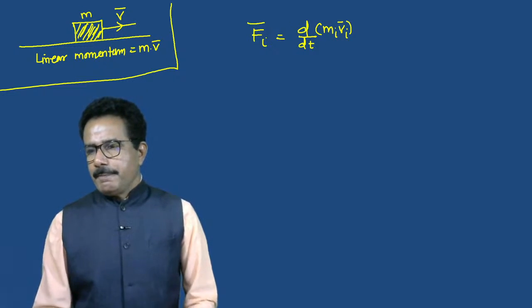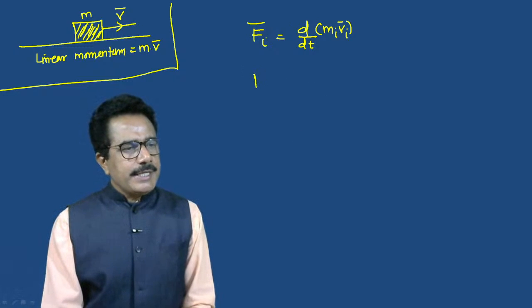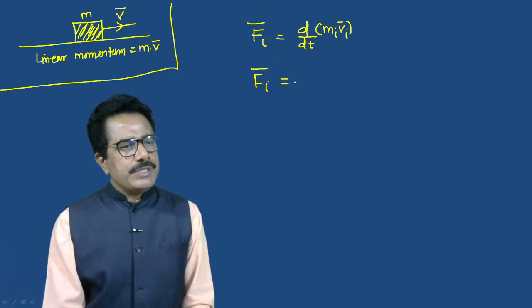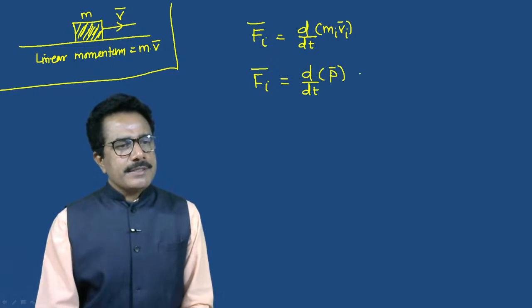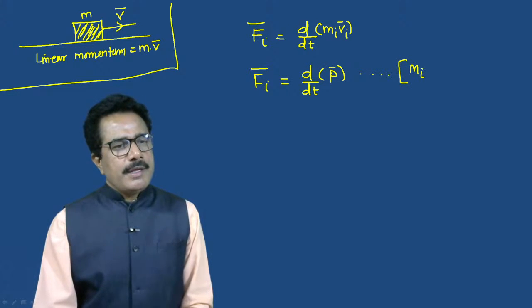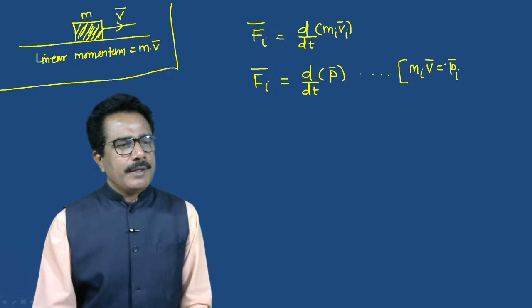Okay. So we can write Fi bar, which is equals to d by dt of p bar. See this, we can write mi into v bar, which is equals to pi bar.